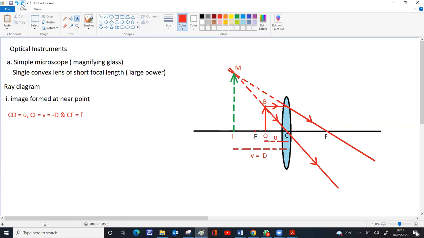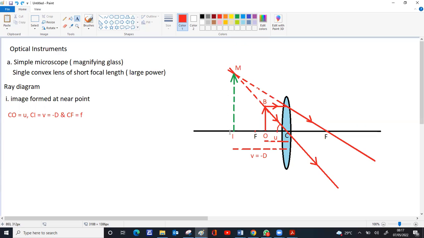Now, the values: CO is object distance U, CI is image distance, which is equal to the near point distance with negative sign convention, and CF is the focal length. Now, if you mark theta I and theta O for finding the angular magnification, theta I is the angle subtended by the image at the near point.